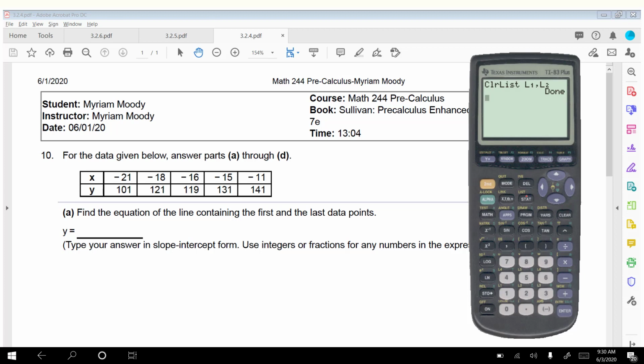Okay, my lists are cleared. Now it's time to do some inputting. So you input your X's and Y's, I'll input my X's and Y's, and hopefully we end up with the same scatter diagram.